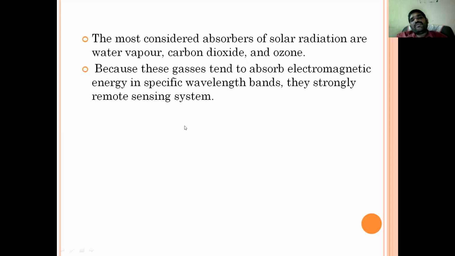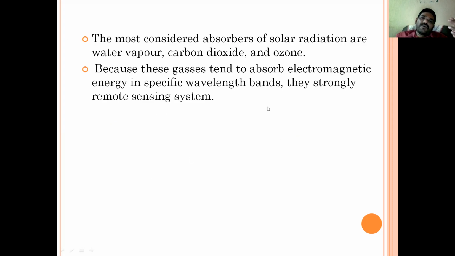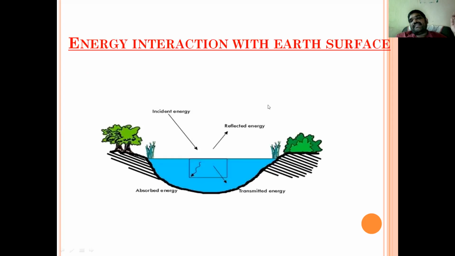The most considered absorbers of solar radiation are water vapor, carbon dioxide, and ozone. Because these gases tend to absorb electromagnetic energy in specific wavelength bands, radiation which is supposed to be recorded in the sensors is being absorbed.